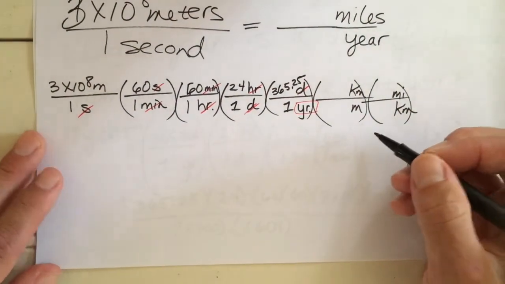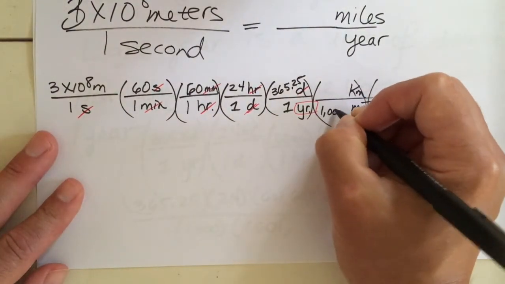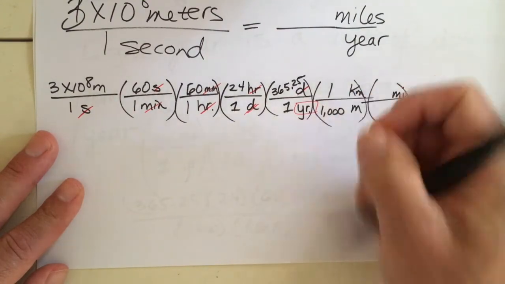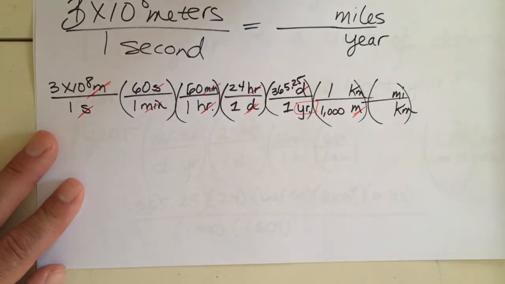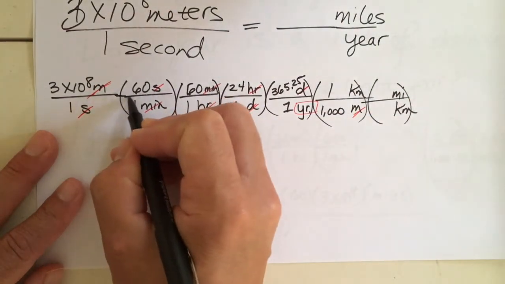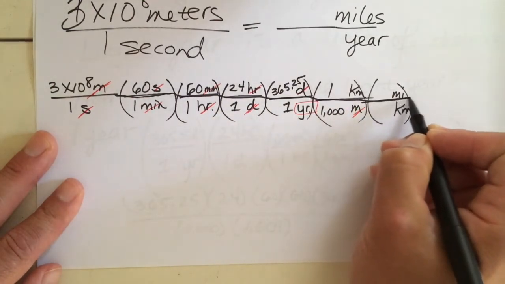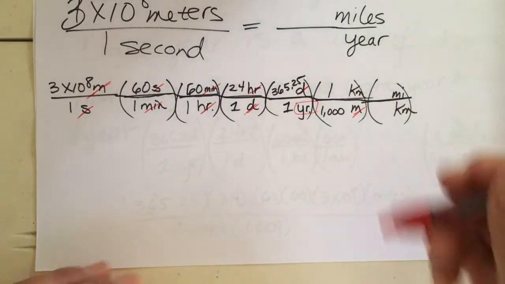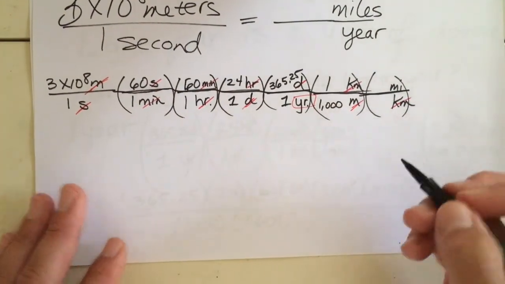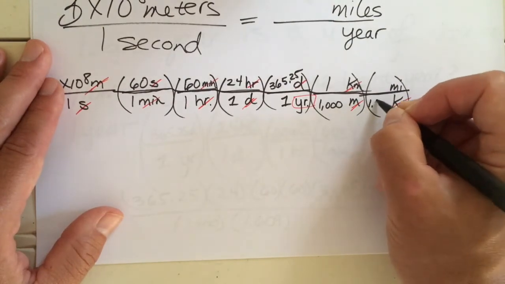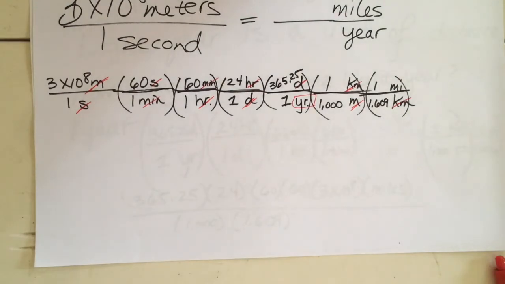Okay, so meters to kilometers, what were the conversions we said last time? 1,000 meters is 1 kilometer. Notice I can cancel now because this was one big fraction party, right? I can just draw this line all the way through if I really want. One giant fraction. All right, so then I'm in kilometers, and I can now cancel my kilometers right here, and I'm left with miles, but I need numbers here. 1.609 kilometers is equal to 1 mile.